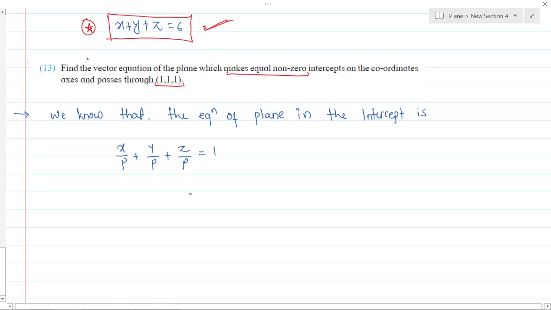Okay, and find the vector equation which makes an equal non-zero intercept. They have not given any value of intercept here, but the information they have given is it is passing through the point 1 1 1.